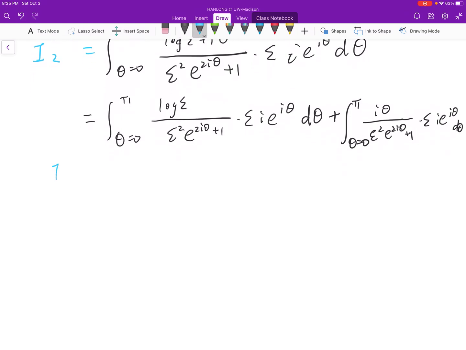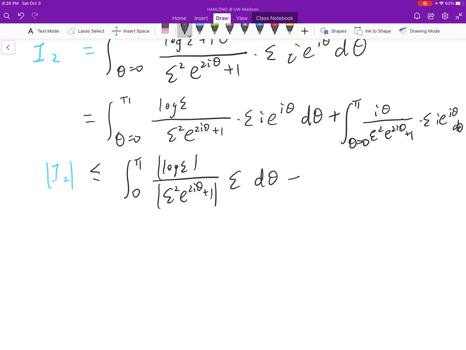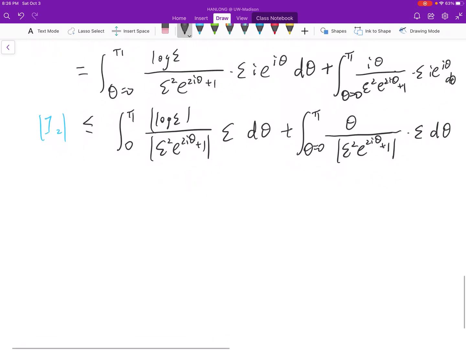Then the magnitude of I2 is bounded by the integral of log epsilon over the magnitude of epsilon squared e^(2i theta) plus 1, times epsilon d theta, plus the integral of theta from 0 to pi of theta over the magnitude of epsilon squared e^(2i theta) plus 1, times epsilon d theta. Now the denominator for this part, when epsilon is small enough, is at least 1/2.